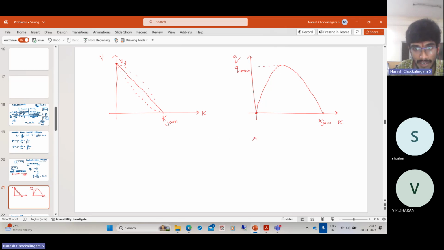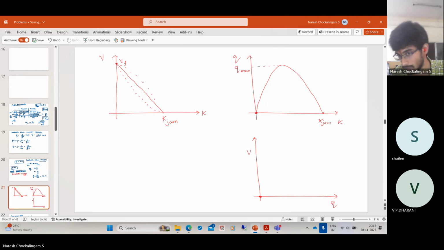And you can also draw the graph between the space mean speed and the flow rate. Again, when the space mean speed is 0, the flow rate will be 0, because it means it is jam density, nothing is moving. So if you fix the point where you're measuring the flow rate, no vehicle will cross that.